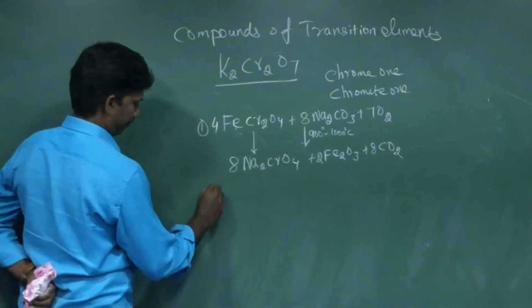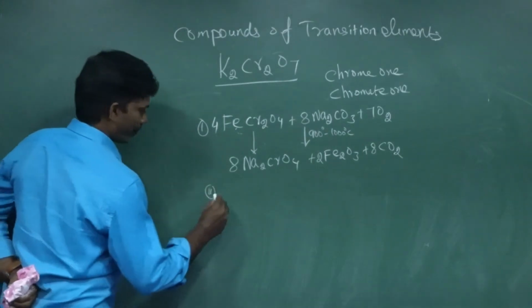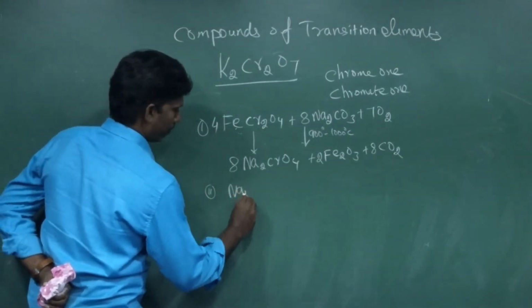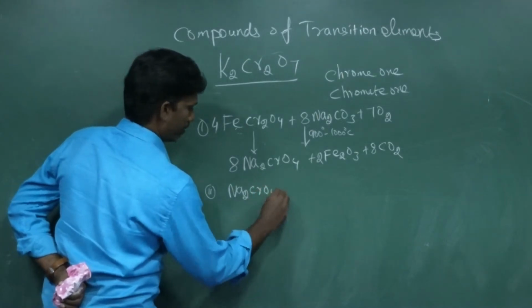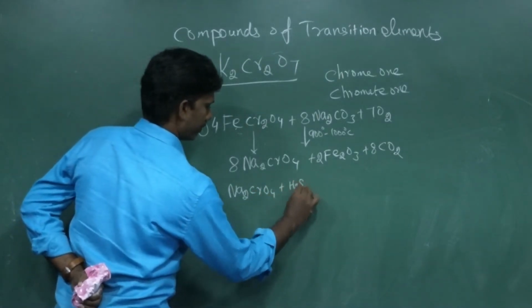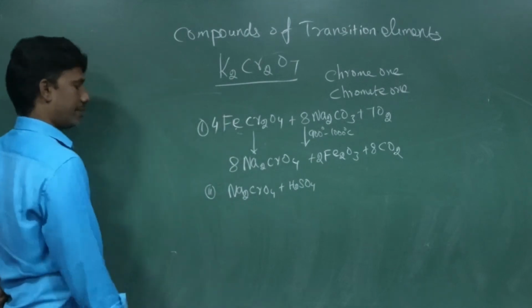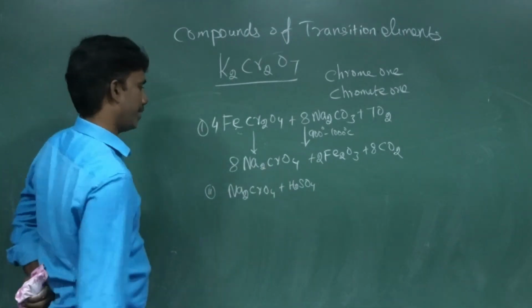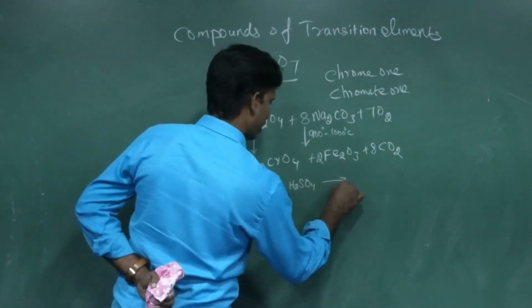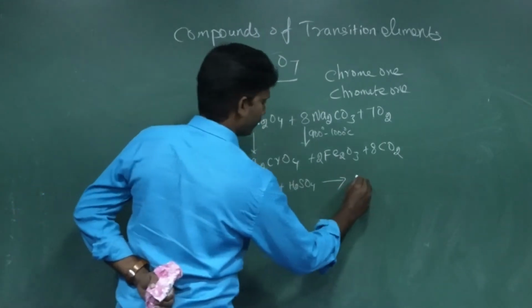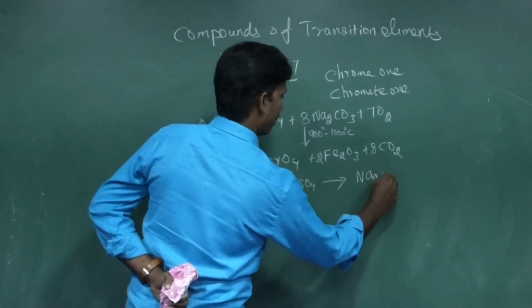Again, the second step. Sodium chromate is treated with sulfuric acid. There you get sodium dichromate.